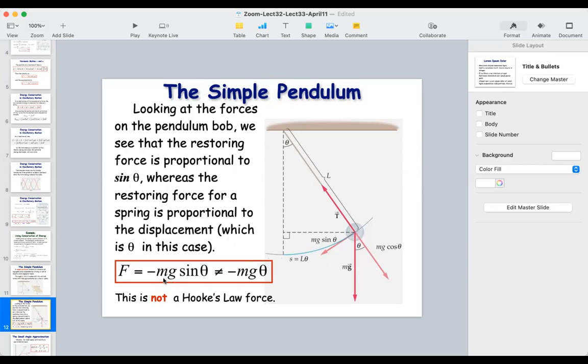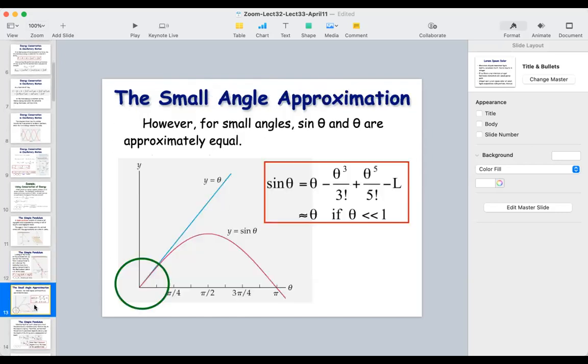Now, minus mg sin theta is different from minus mg theta, but nevertheless, for angles that are very, very small, sin theta is very similar to theta. So if the angle is very small, we approximate sin theta with theta.